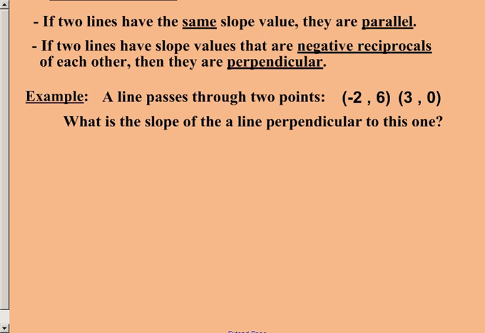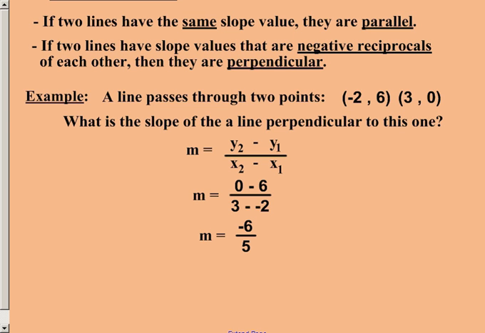Well, we need to know what the slope is connecting these 2 points. So again, a good strategy would be to write down your formula, write down your points, label them x1, y1, x2, y2, and then plug in your numbers. Simplifying this fraction, we've got negative 6 over 5. That's the slope of the line connecting these 2 points.